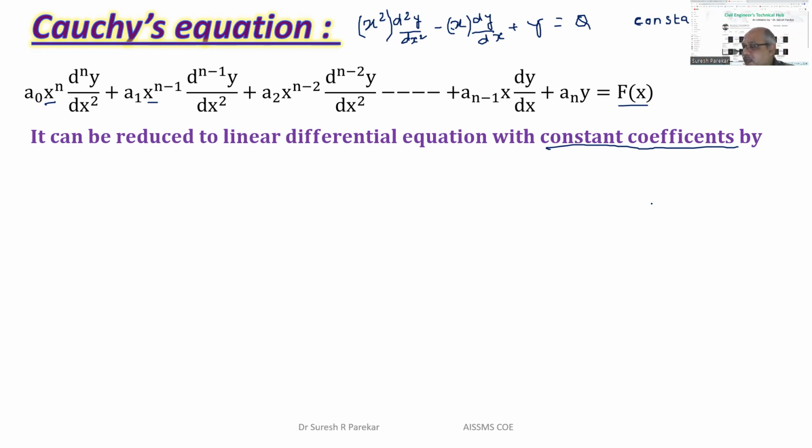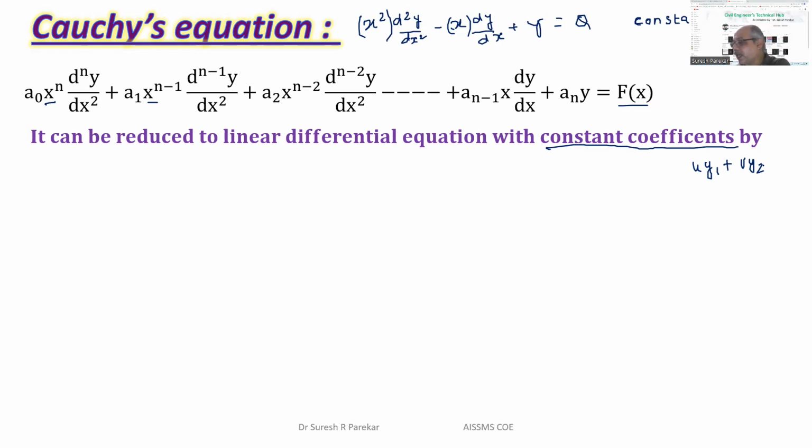So we are going to use that u into y1 plus v into y2. So this method we are going to use to solve the problems.